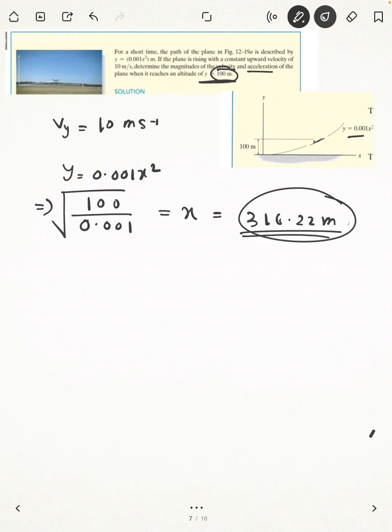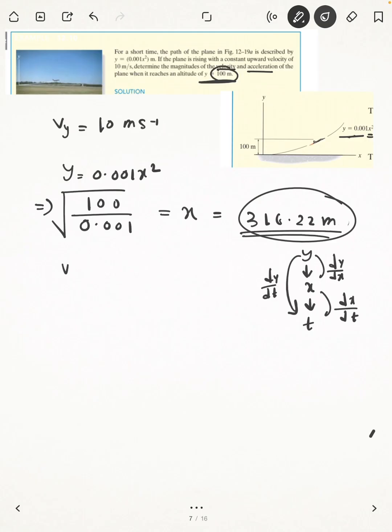Okay, so now you have to find the velocities in a similar way. Here you see y is a function of x and x is a function of t. We have to find dy dt, so we have to come from dy by dx and dx by dt.